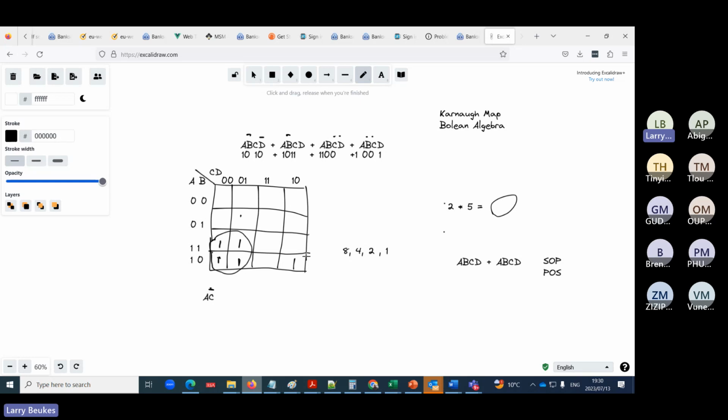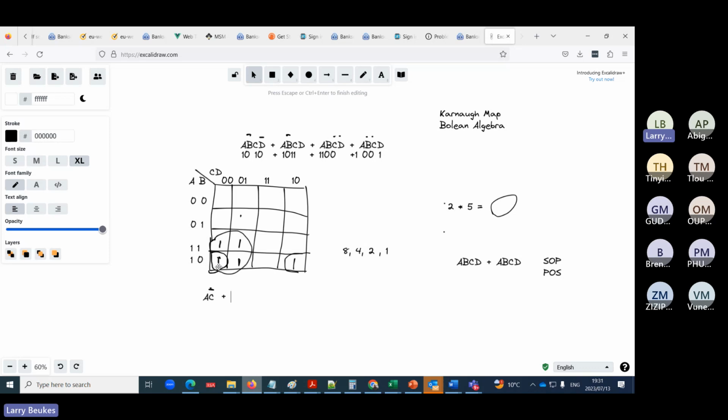Now we're going to look at this one. This is a 1 and a 1 grouped together. So we're going to start with AB. Remember, this is sum of products, so we're going to add sum of products. So AB, A, in this group there's only one row, which is this one.